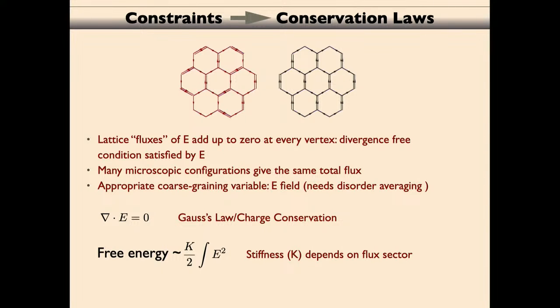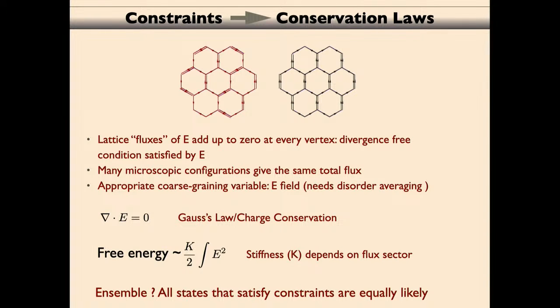So the stiffness depends on whether I'm here or here. And there's a natural ensemble associated with it, which is that all states that satisfy the constraints are equally likely. And the reason is there is nothing else that distinguishes them. All of these configurations should be treated in exactly the same way.